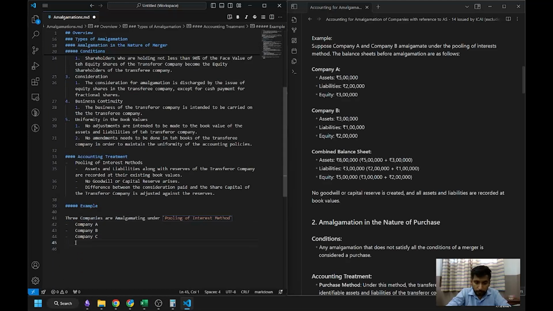Here, it is given that for company A, assets amount to rupees 5 lakhs. Liabilities amount to rupees 2 lakhs, and the equity is rupees 3 lakhs.